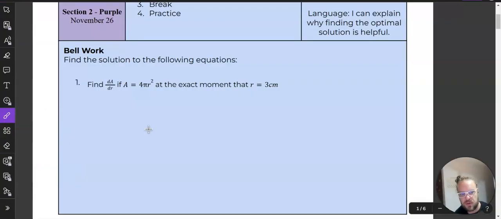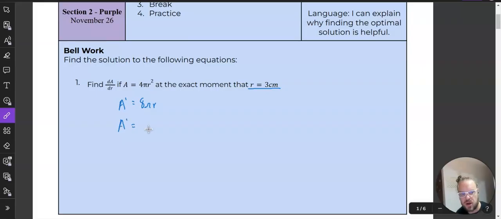So as we go through this, if we want to find dA/dr, that means we're taking the derivative with respect to r. That means that this part is pretty easy. It's just A prime. And over here, we're going to get 8 pi r. Now there's our derivative, but we need to find it at the exact moment that the radius is 3.